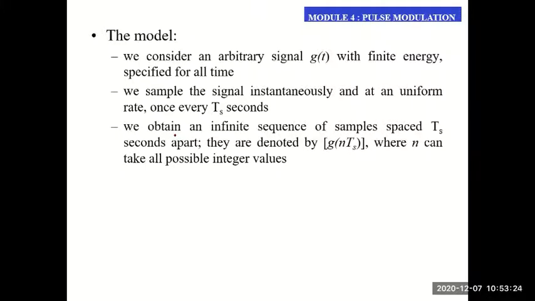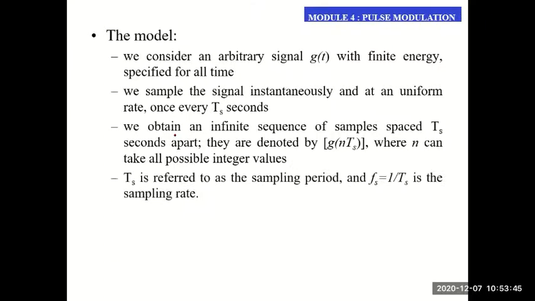Then we are going to obtain an infinite sequence of samples which are spaced Ts seconds apart, and we call them g of nTs, where n is the set of all possible integer values. Depending on the value of n, I'm going to get the samples. Ts is called the sampling period.